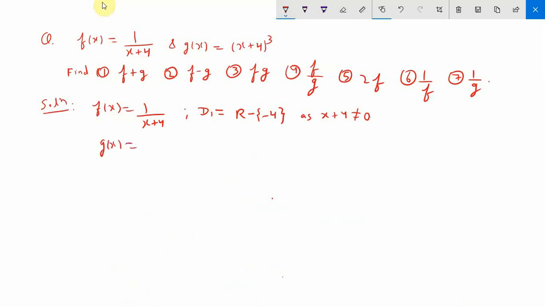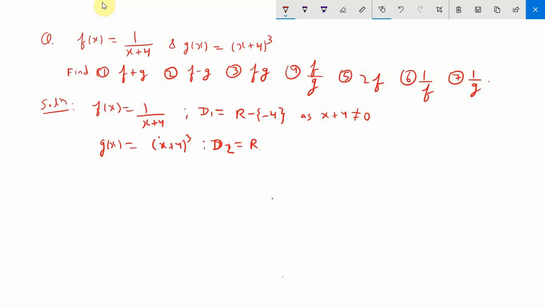So g(x) is given as (x plus 4) to the power cube. Okay, and what is the range? Range is defined as R. Okay, domain is R. Range is also R. Okay.